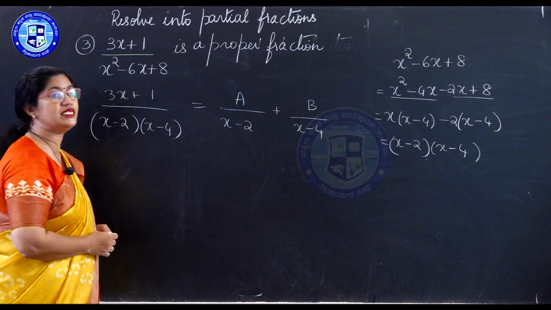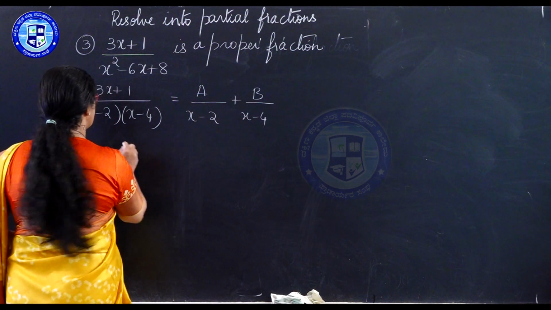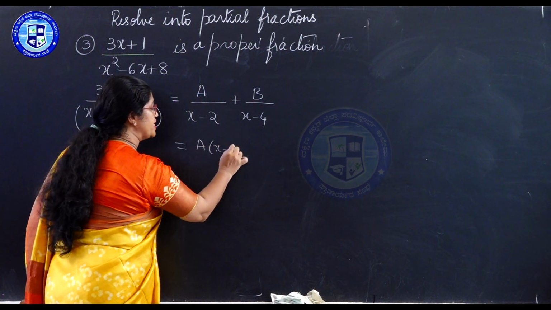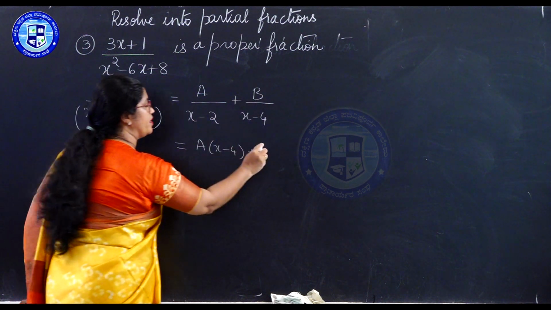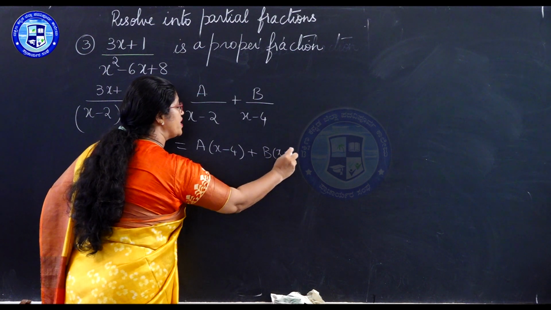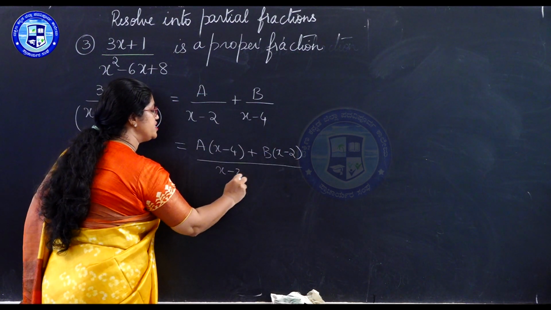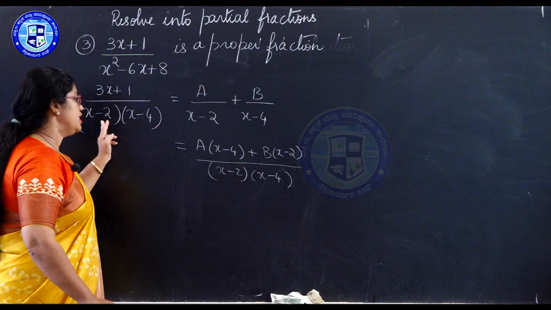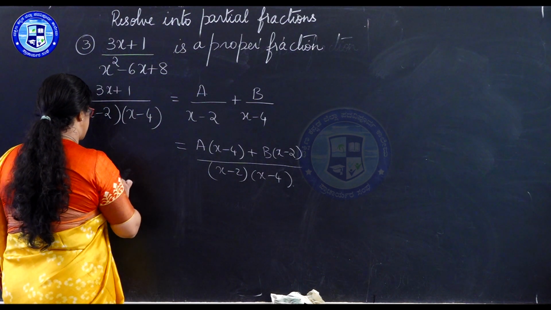Then we take the LCM. When we take the LCM we get, this is equal to a into x minus 4, plus b into x minus 2, divided by x minus 2 into x minus 4. Denominators are the same, so equate the numerators.